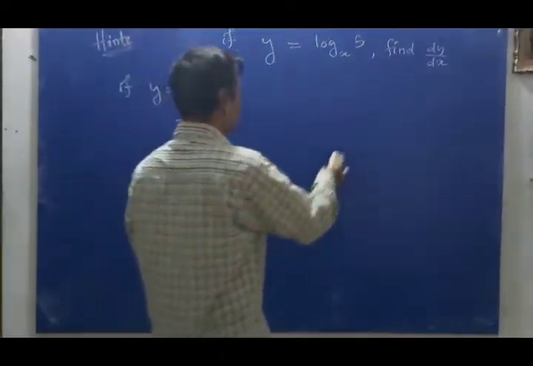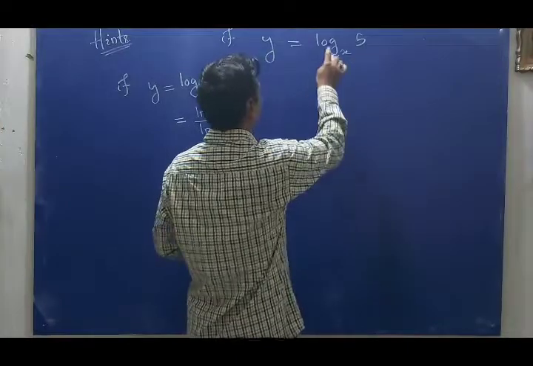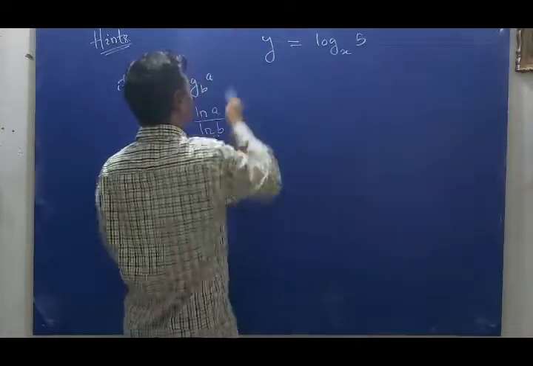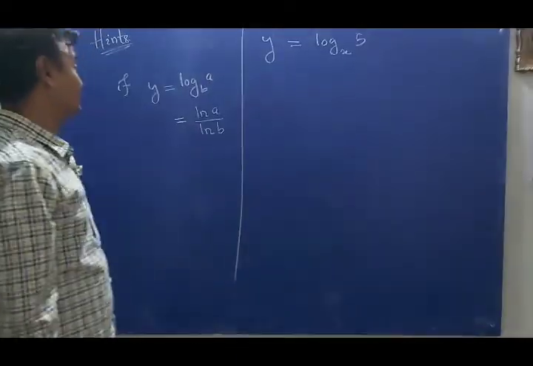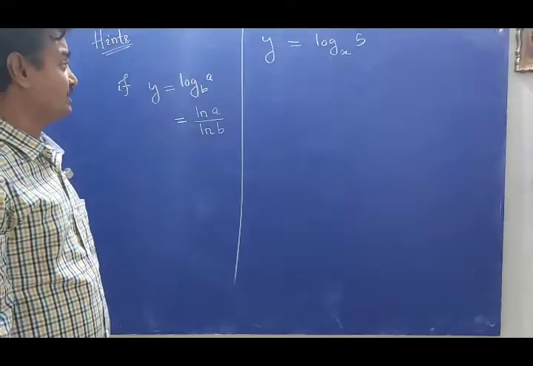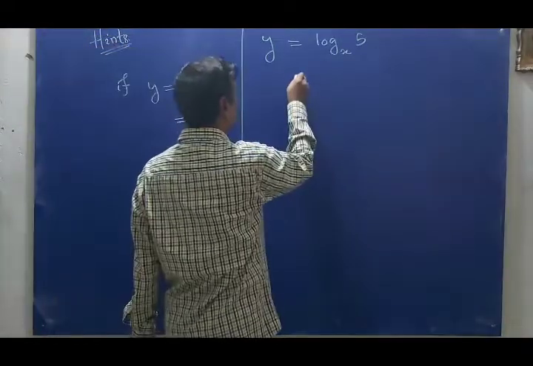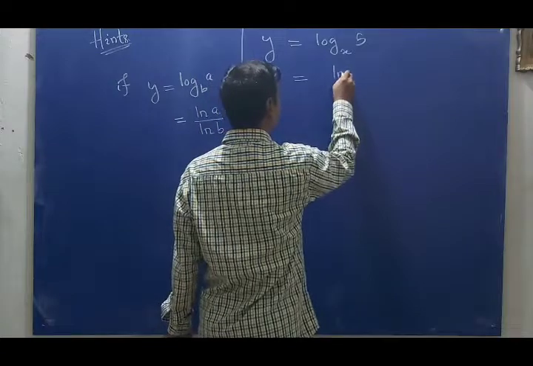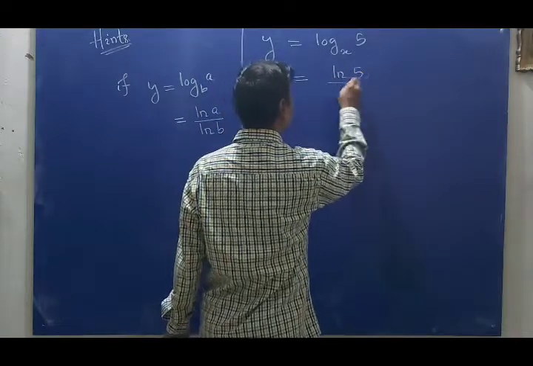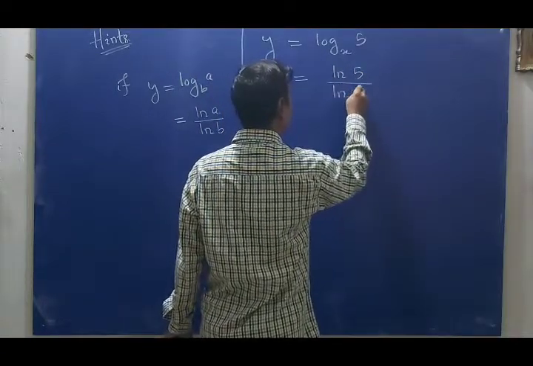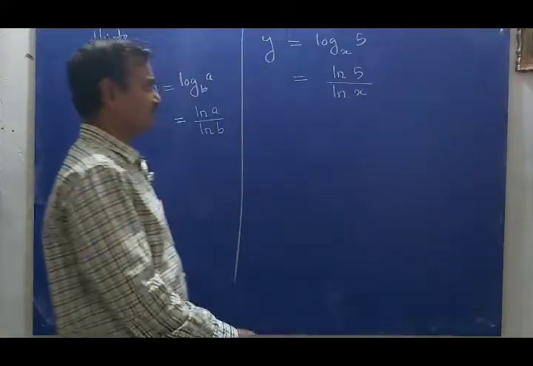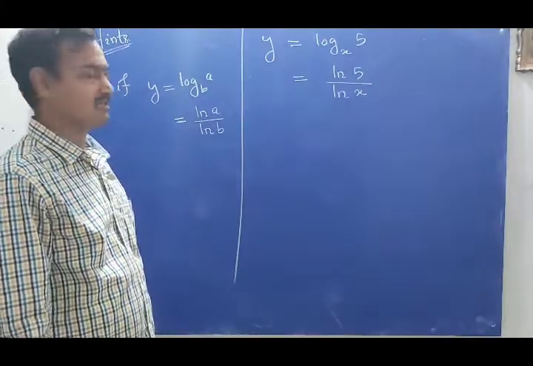So here, what is given? y is equal to log of 5 base x. So this can be expressed as ln of 5 by ln of x.